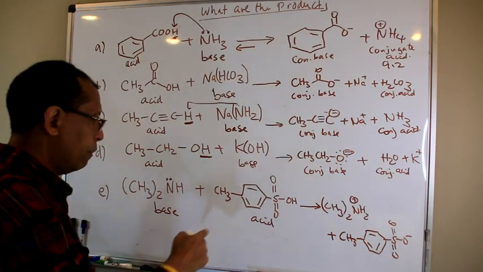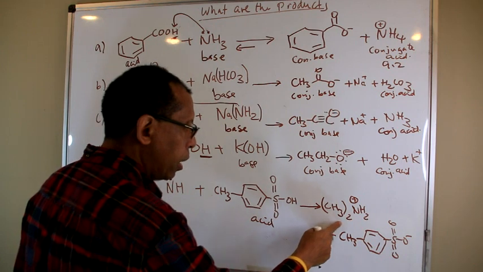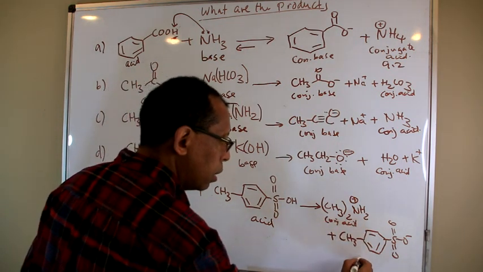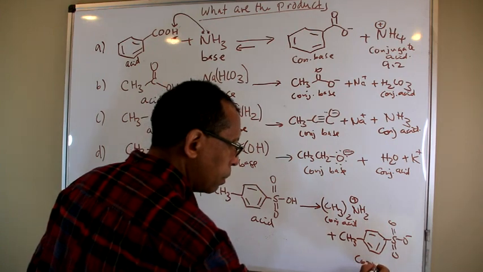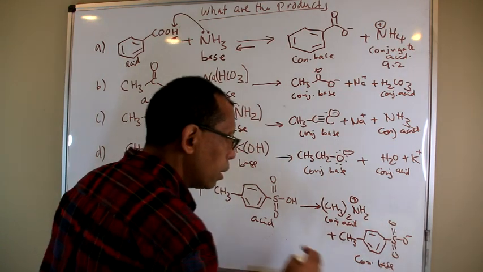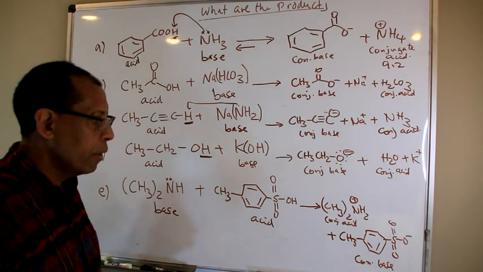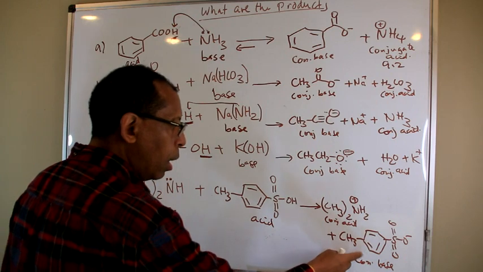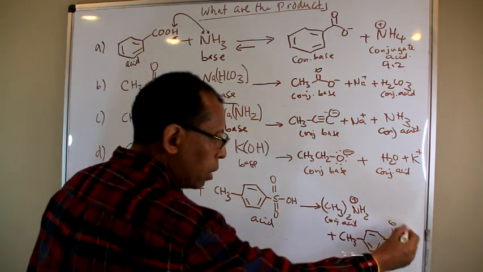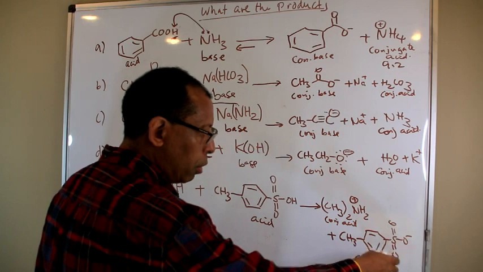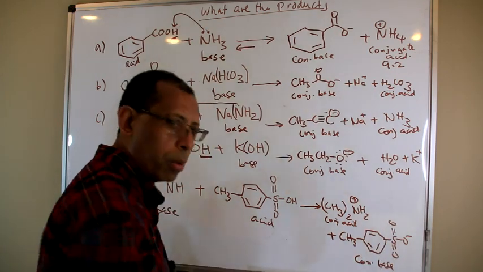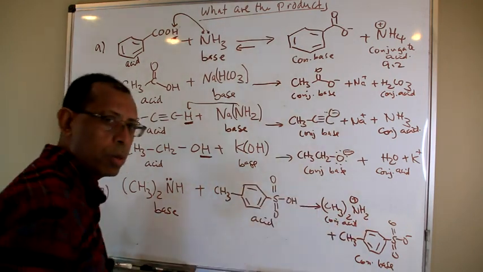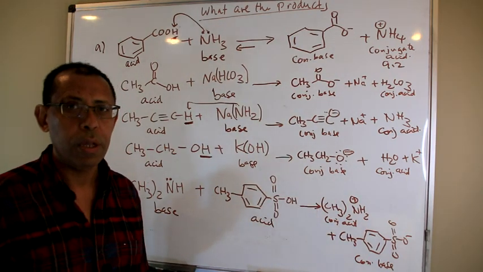Therefore, this is the conjugate acid, and this is the conjugate base. The reason the forward direction is much more favored is you are generating a very stable conjugate base that is resonance stabilized. You can draw a resonance structure for the product that is formed. So it's very stable, and the product is driven to the right in this acid-base reaction.